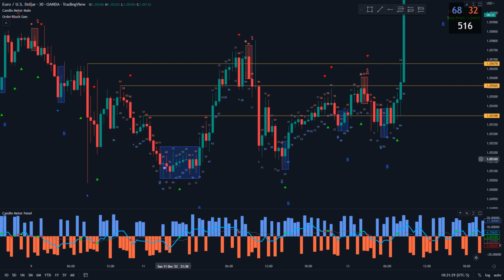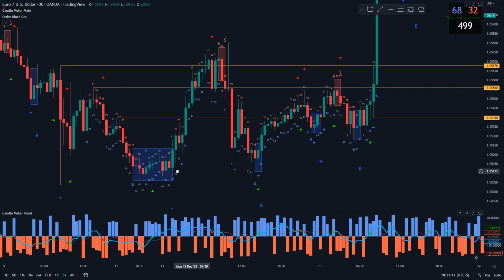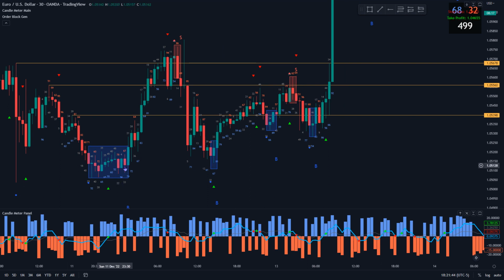So the reason we can trust this zone here is because one and two times we saw strong candles go above the most recent high. So we can believe that the low of this order block will hold.